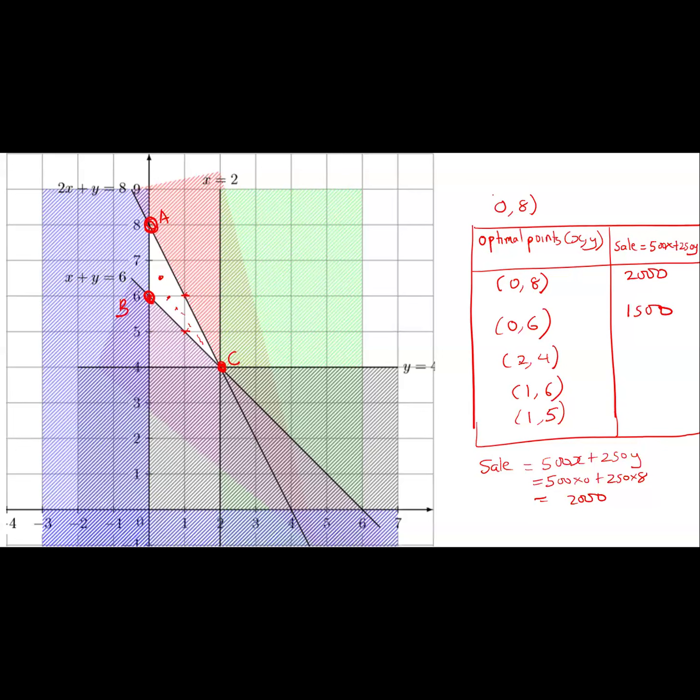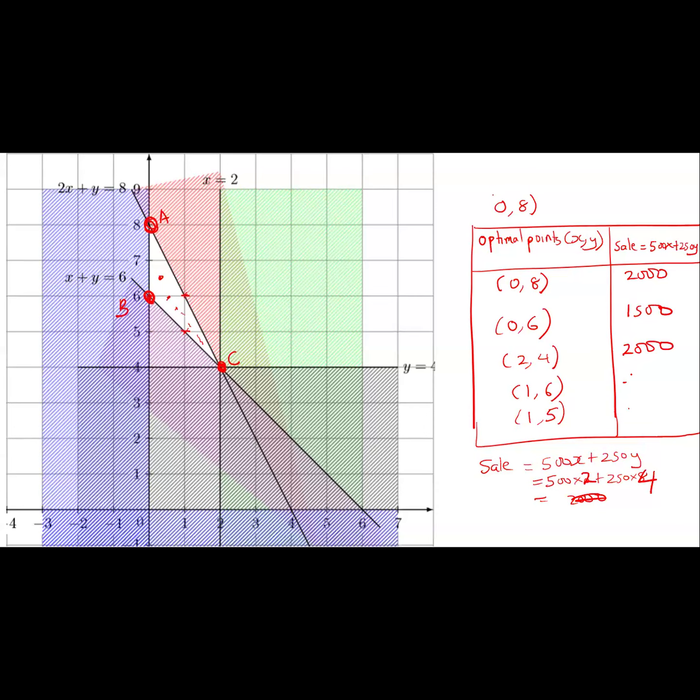Then you insert 2 and 4. Where there is x, you put 2. Here I will put my 4. Then I say, what do I get? 500 times 2 plus 250 times 4. So I end up with 2000. Then you put it here.